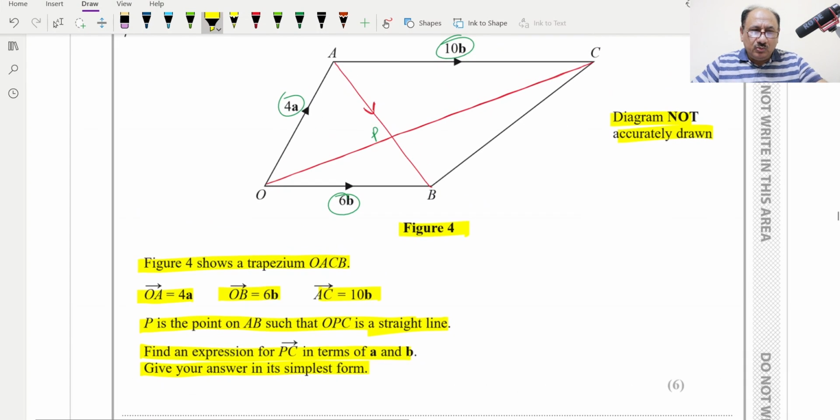So we can go through the easier way. We can consider these two triangles like this one. The easier technique, if I explain to you, will be lesser working and easier understanding. So this triangle and the other triangle is this one. We know these two triangles are similar.